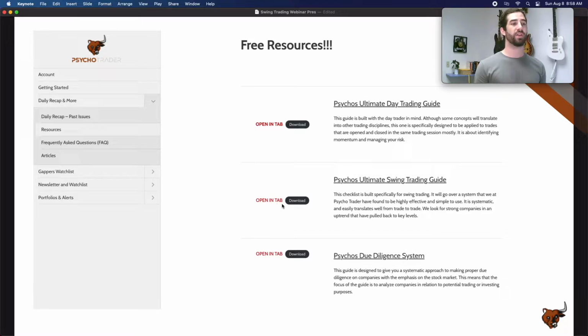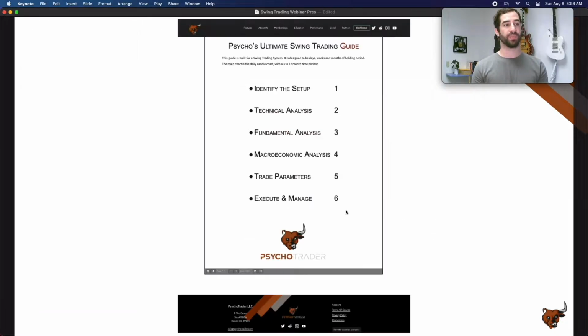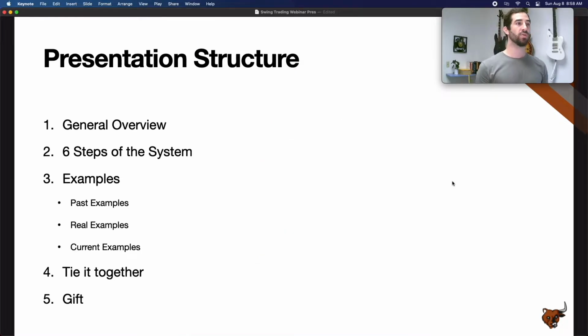And then over here, you will find it, Psycho's Ultimate Swing Trading Guide. You can open it in a new tab or download it. This is what it's going to look like if you open it in a new tab. This is just the cover page with the 6 main steps of the system, and the rest of the document is also in there.